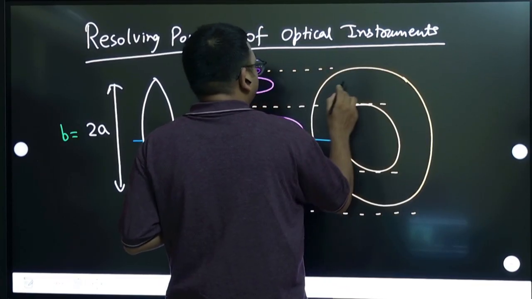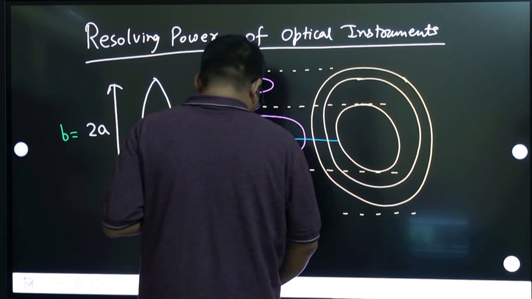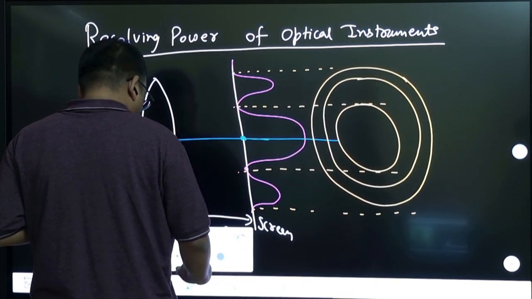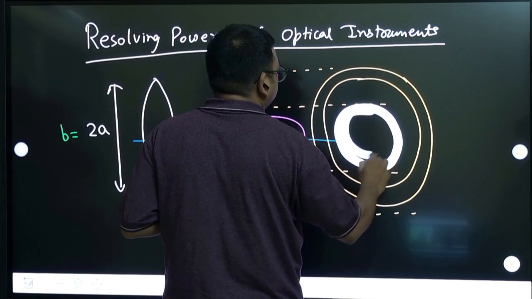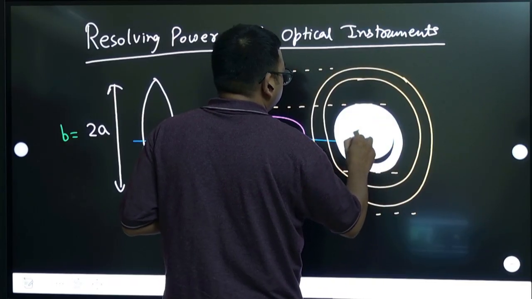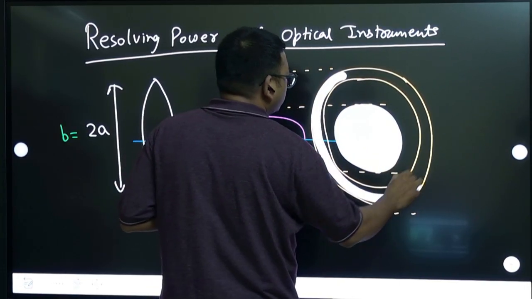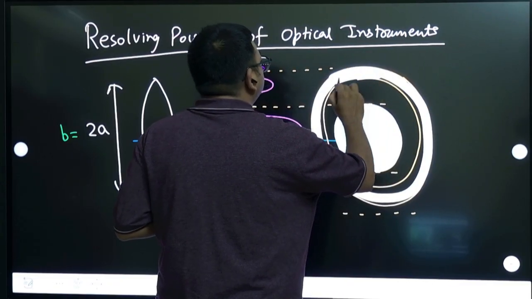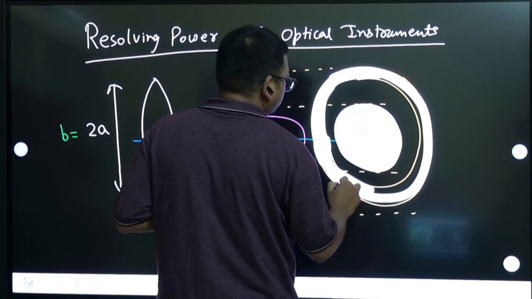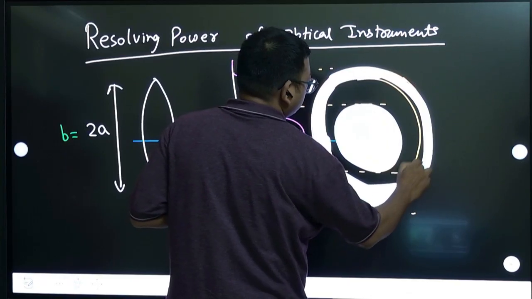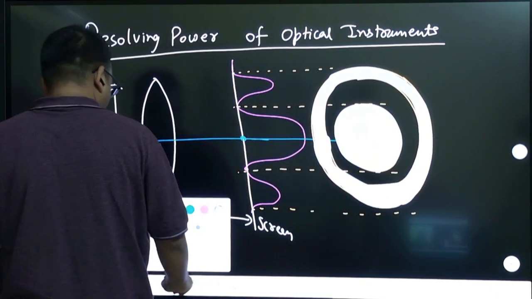But this is the main bright spot here. Then another will be dark, then again a bright spot we will see here, like this kind of pattern will be followed.